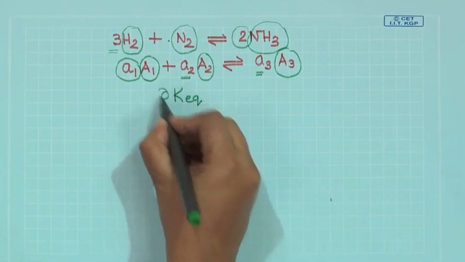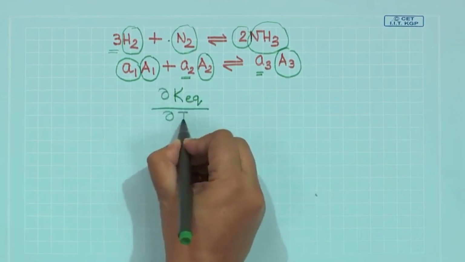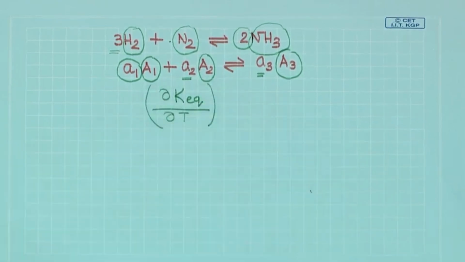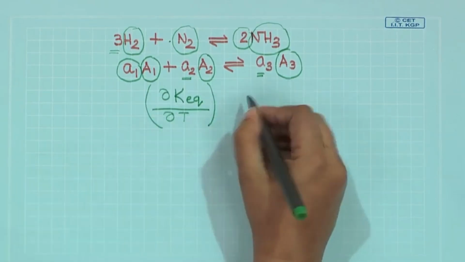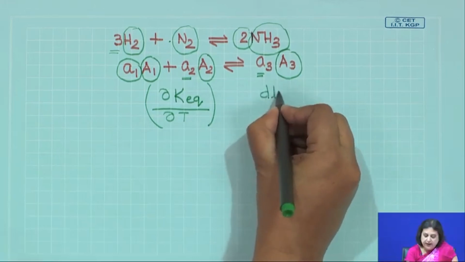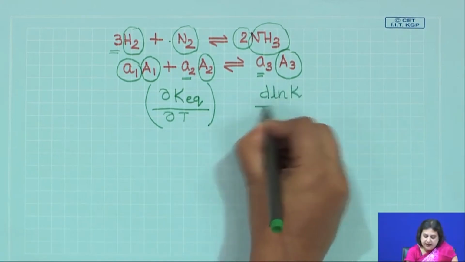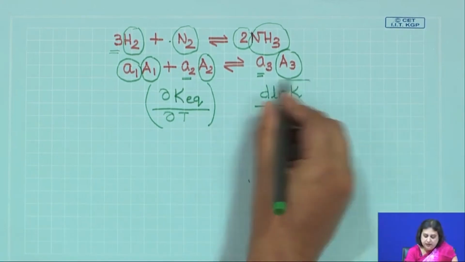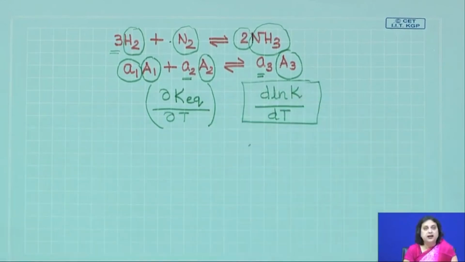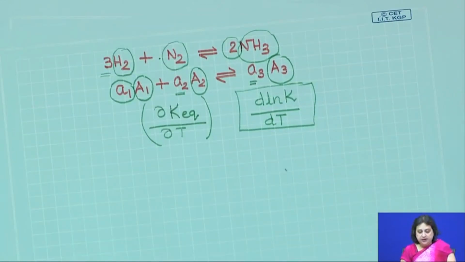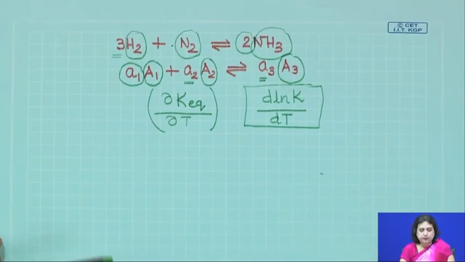Therefore, I can very easily find out what happens to del K equilibrium del T. Actually, what we will be looking at is del ln K del T, as you will see from the next discussion. So, with this goal in mind, I have to establish that something like a law of mass action can be justified.